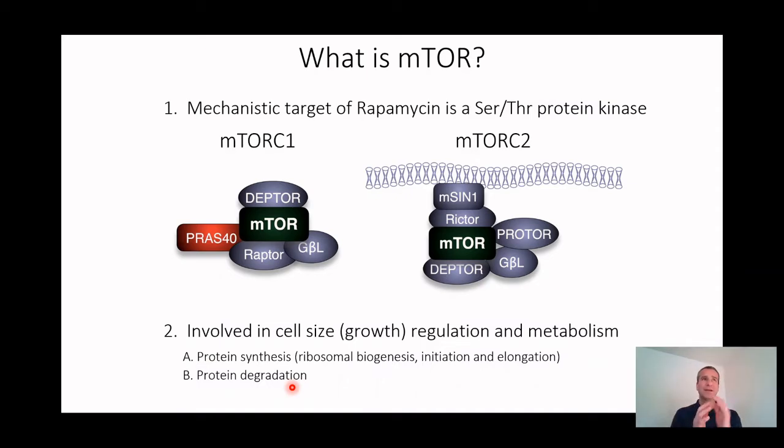If we increase income more than we spend, our bank account is going to get bigger. If we have more outflow, so we're paying off more things, we're buying more things, and we decrease our income, our bank account gets smaller, and similarly, our muscle gets smaller when synthesis is lower than degradation.